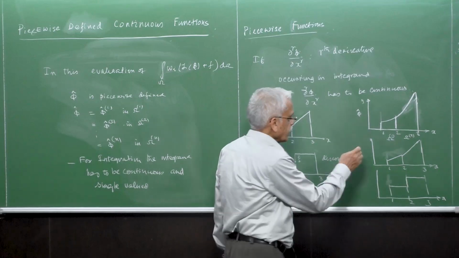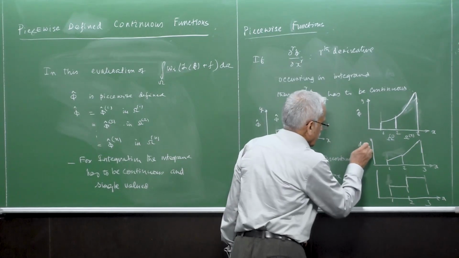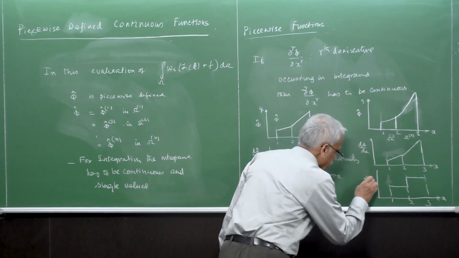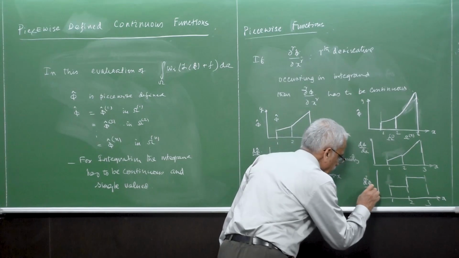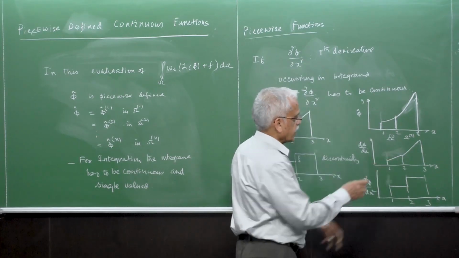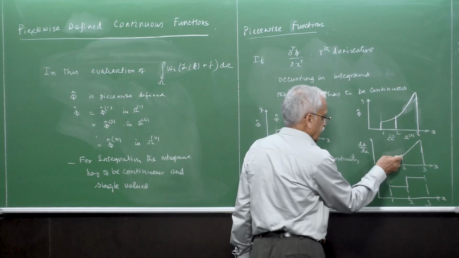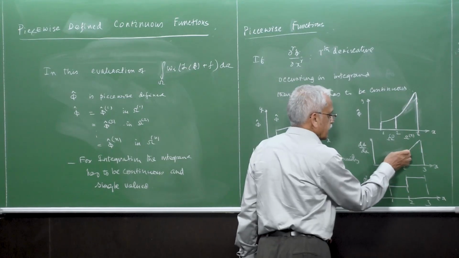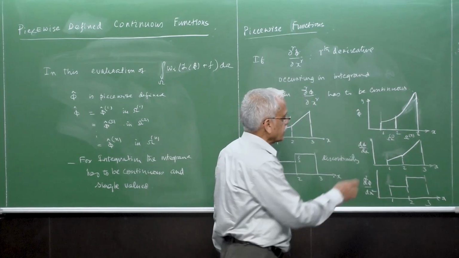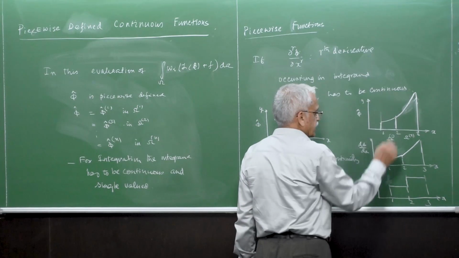If you look at d phi by dx and d square phi by dx square, d phi by dx is linear in this and continues to be here, and the linearity changes here because the slope suddenly has started increasing. However, it is the same at this point.